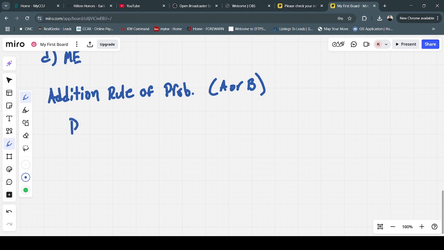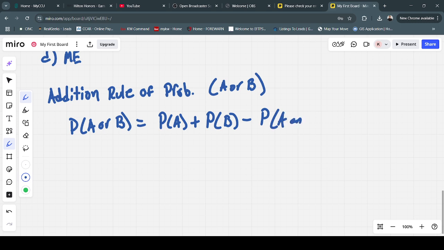So the formula is this. The probability of A or B is always equal to the probability of A by itself plus the probability of B by itself. But since we could be counting items in A and B simultaneously, we subtract the overlap, which is the probability of A and B. If the two items are mutually exclusive, then A and B would be equal to 0, and we're just left with the first part.